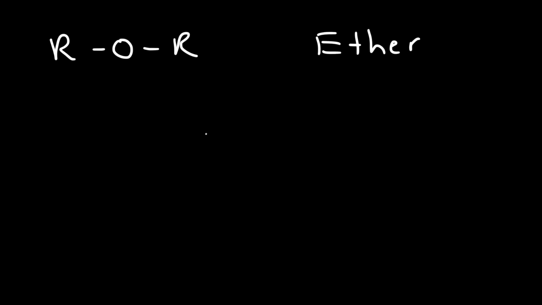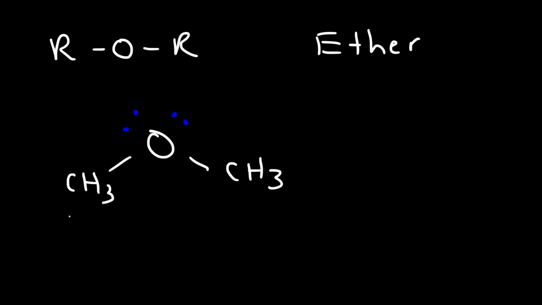So next up, we have an ether. An ether is basically an oxygen attached to 2 R groups. The R groups could be methyl groups, ethyl groups, and so forth. So we have 2 methyl groups attached to this ether.